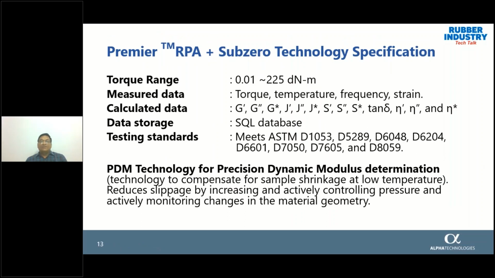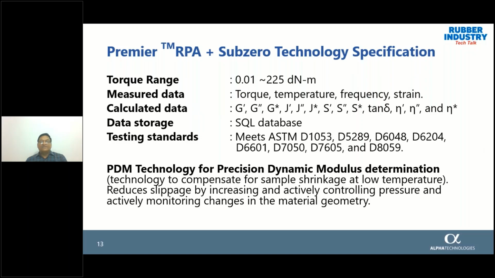Then the torque range is from 0.01 to 225 dNm. The torque, temperature, frequency and strain are the measured data, while the calculated data are the modulus, the compliance, the torque, the tan delta, and the real and imaginary components of viscosity with the complex component of viscosity.